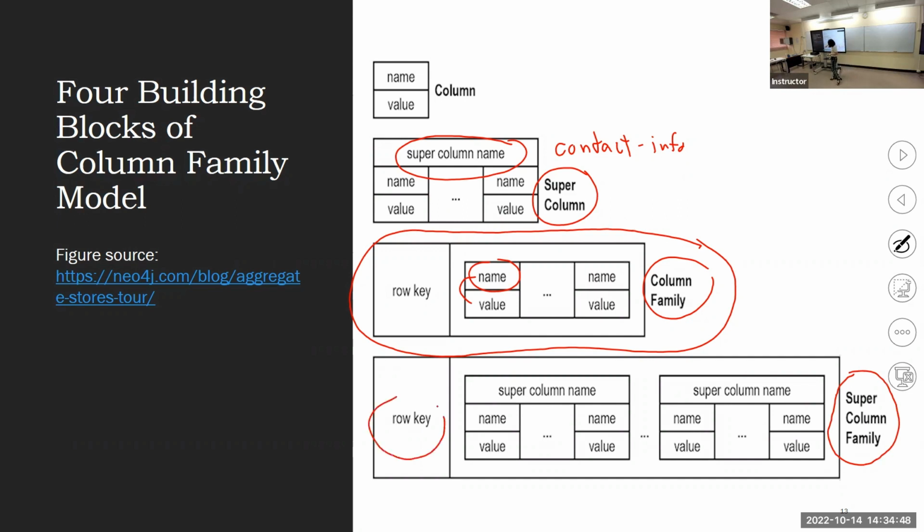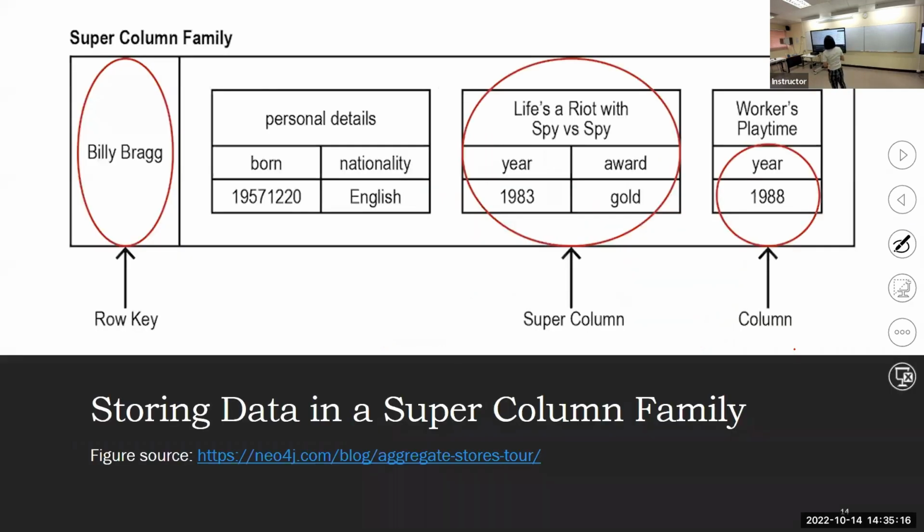A row can have many super columns, okay? And inside each super column, you have column name and value, column name and value. And of course, this is simplified a little bit by omitting the timestamp. But most implementations would include the timestamp as well.